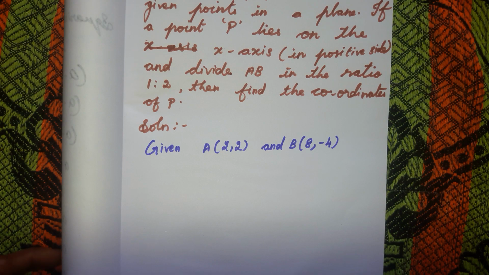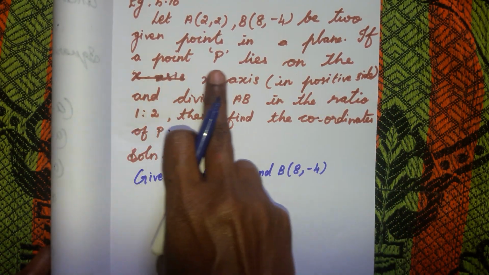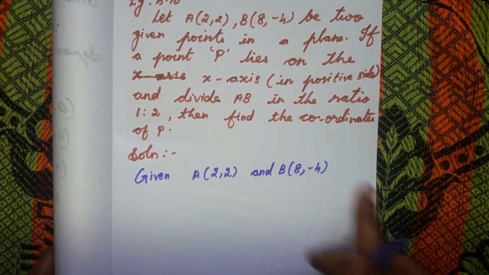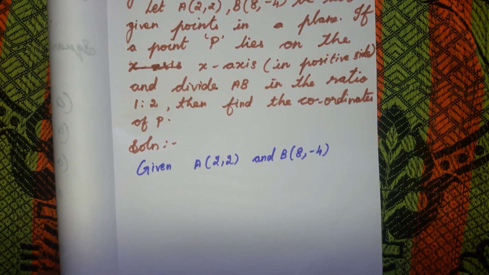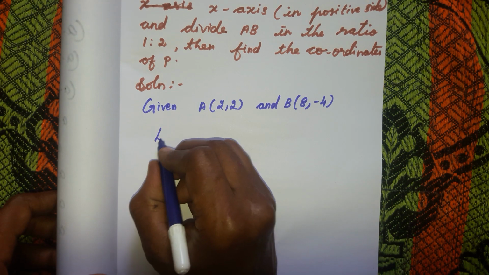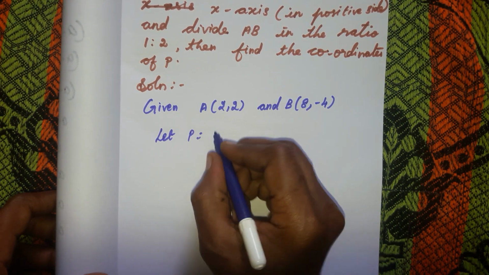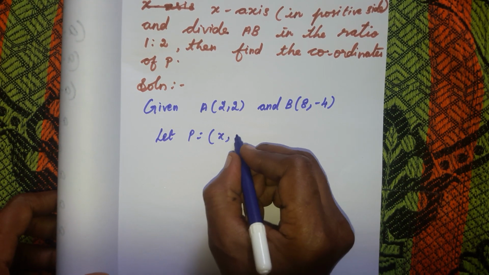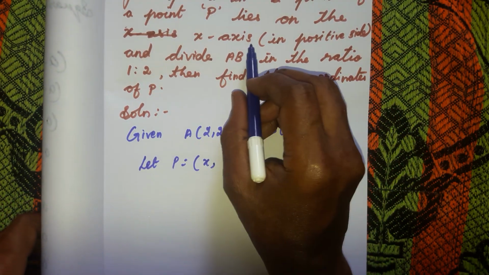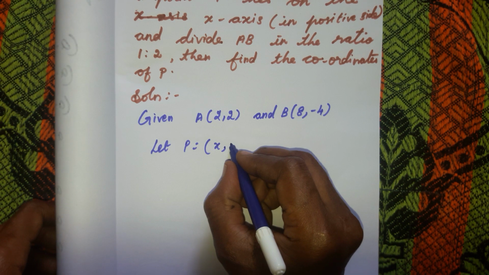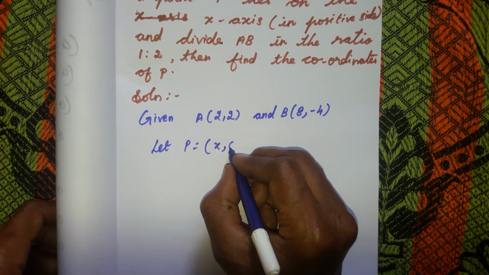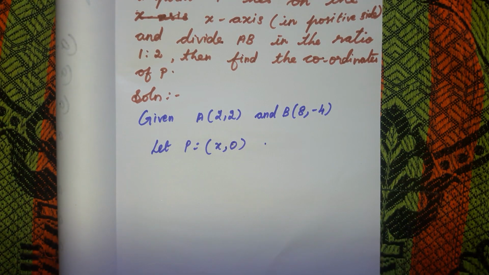Next, P lies on the x-axis. Any point on the x-axis has y coordinate 0. So we can take, let P is equal to (x, 0).